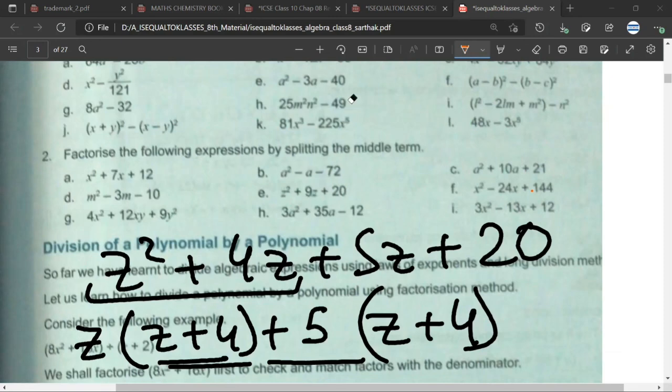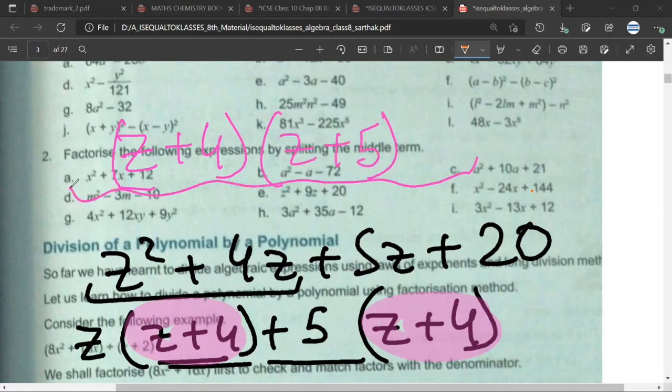We'll find the common factor in the two terms. So it will be z plus 4. So the answer will be z plus 4 times z plus 5. Mr. Sarthak, are we clear?